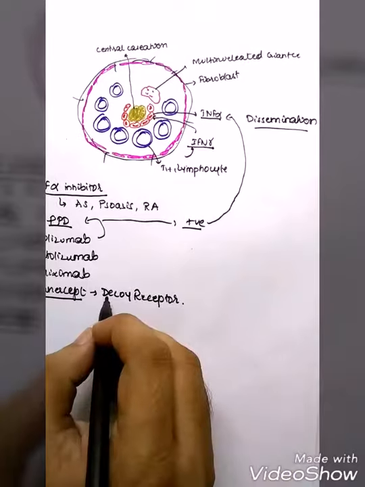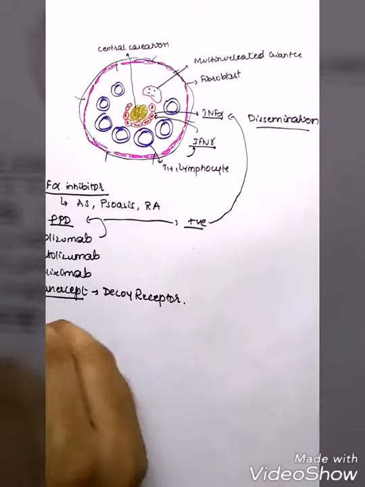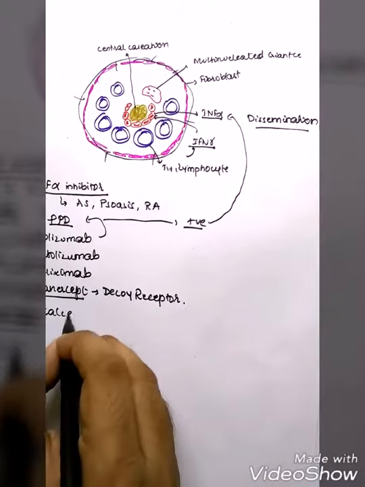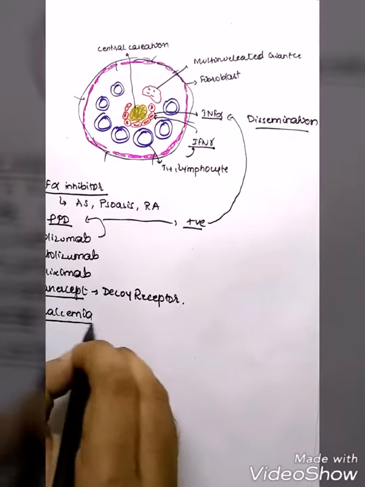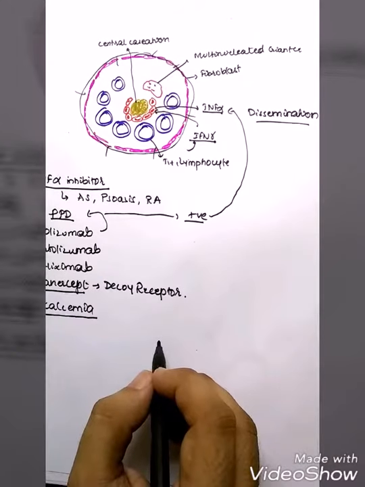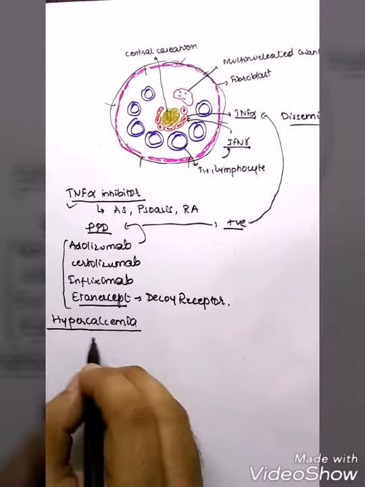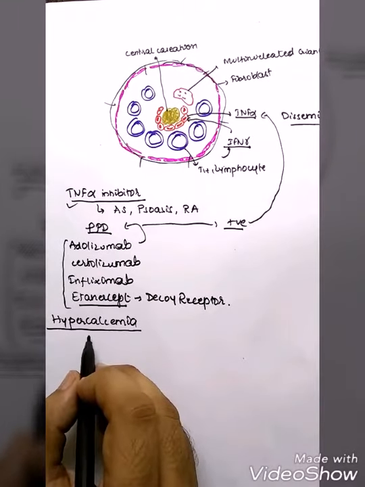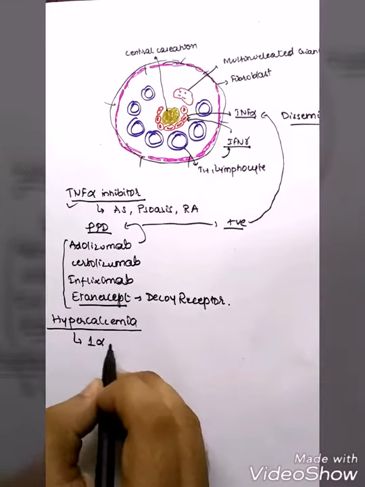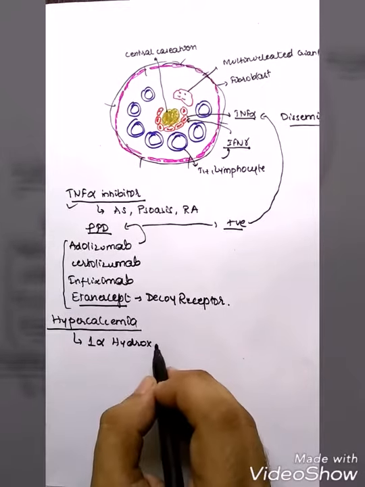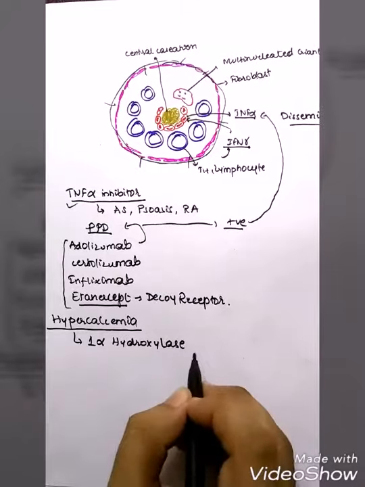Okay, this is one story, and the other story is about the hypercalcemia which I find in granulomatous patients. Now why is hypercalcemia found? Because we know the granuloma contains one enzyme, which is alpha-1 hydroxylase.